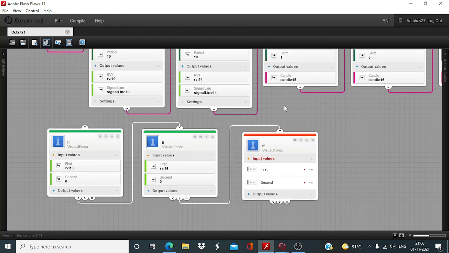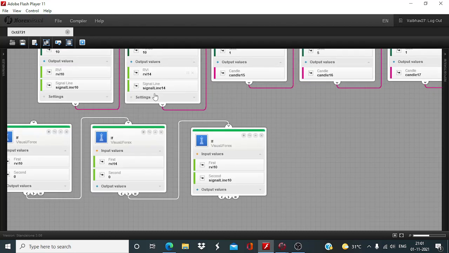And we also have to compare the RVI output values with the signal line. RVI 10 needs to be below signal line 10, whereas RVI 14 needs to have been above signal line 14.